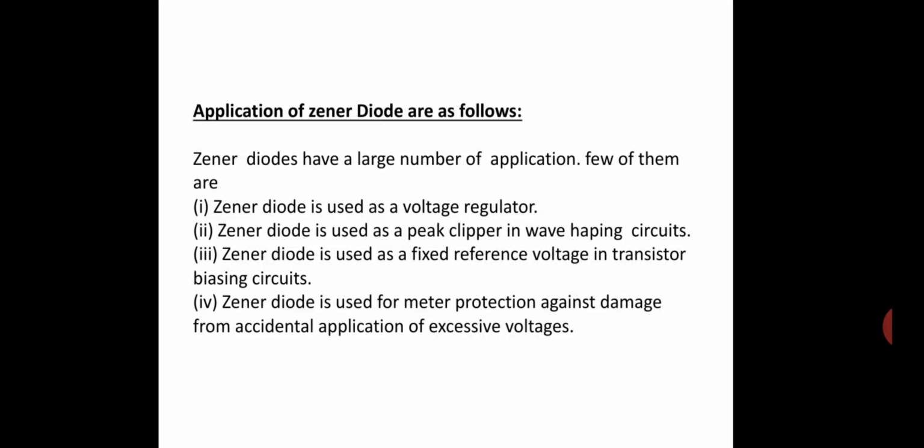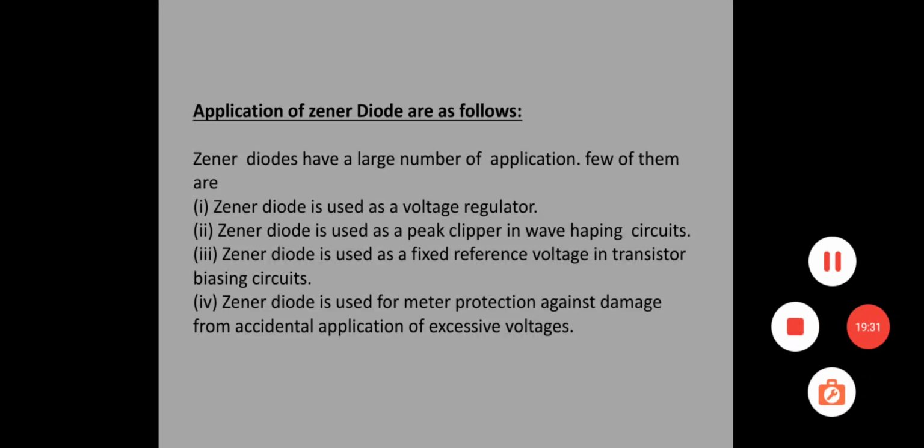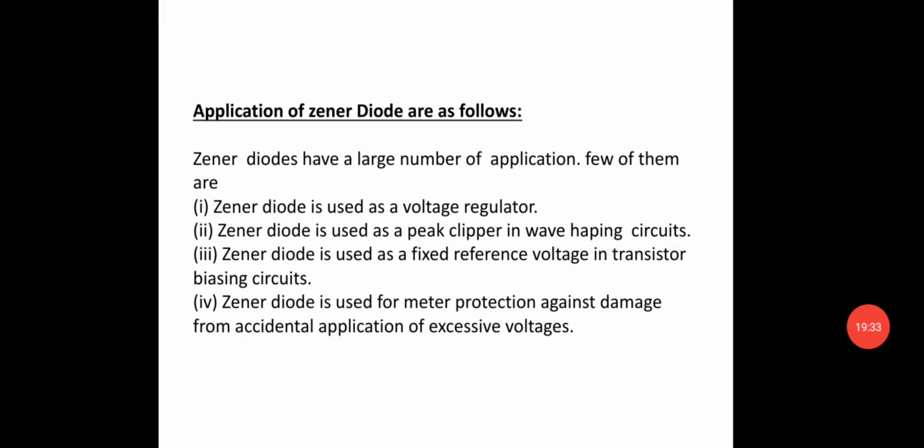When reverse voltage is applied to the material, the depletion layer becomes reduced, and because of the thin depletion region the concentration of the electric field is high. If the value of reverse voltage increases, then the electrons come out from the ions and make the depletion region conductive. This breakdown of the depletion region is called the Zener breakdown, and the voltage at which the breakdown occurs is called the Zener voltage.